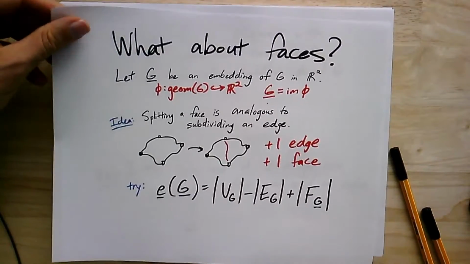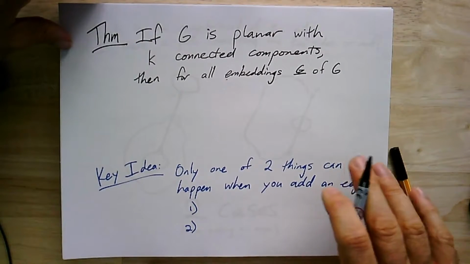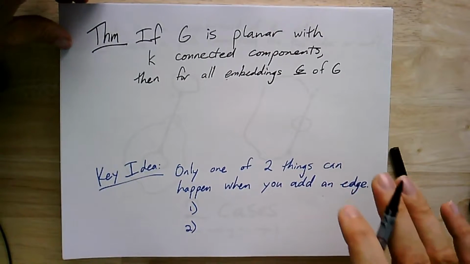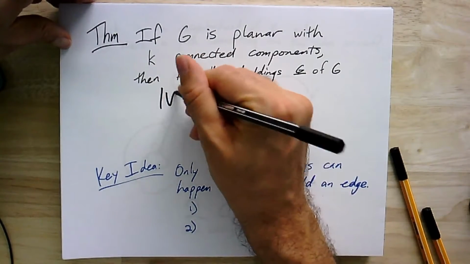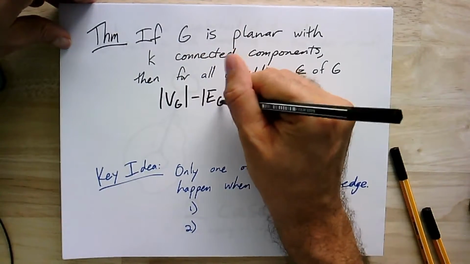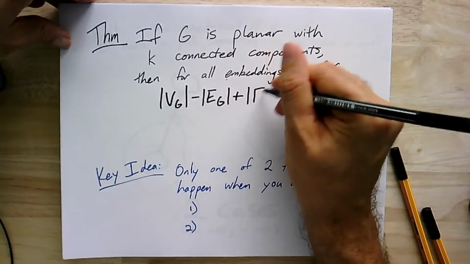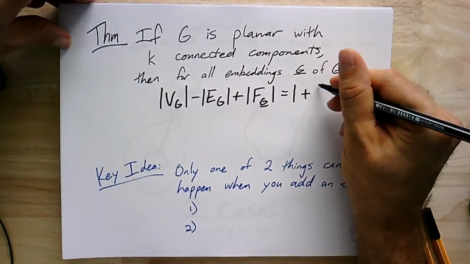All right, so let's try it. Let's see what happens. We can now state the main theorem which encodes Euler's formula. It's the following. The number of vertices minus the number of edges plus the number of faces is equal to 1 plus k.